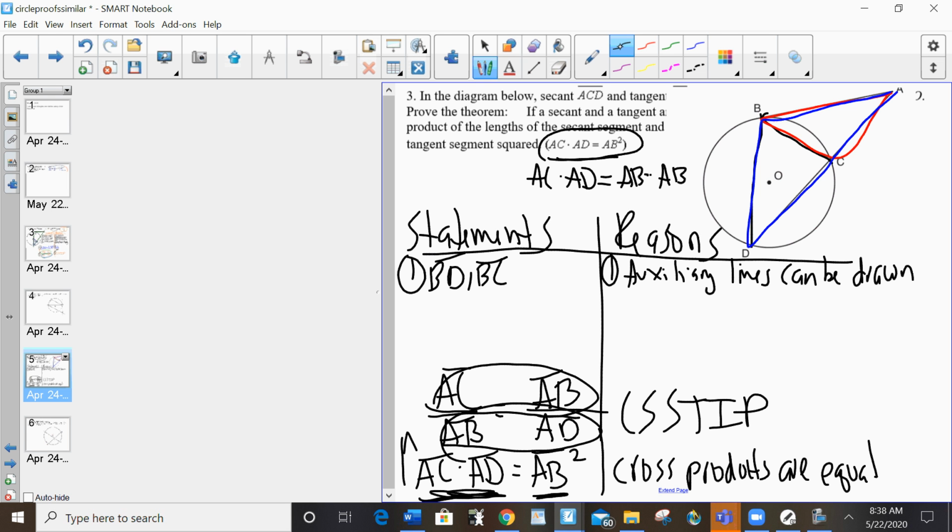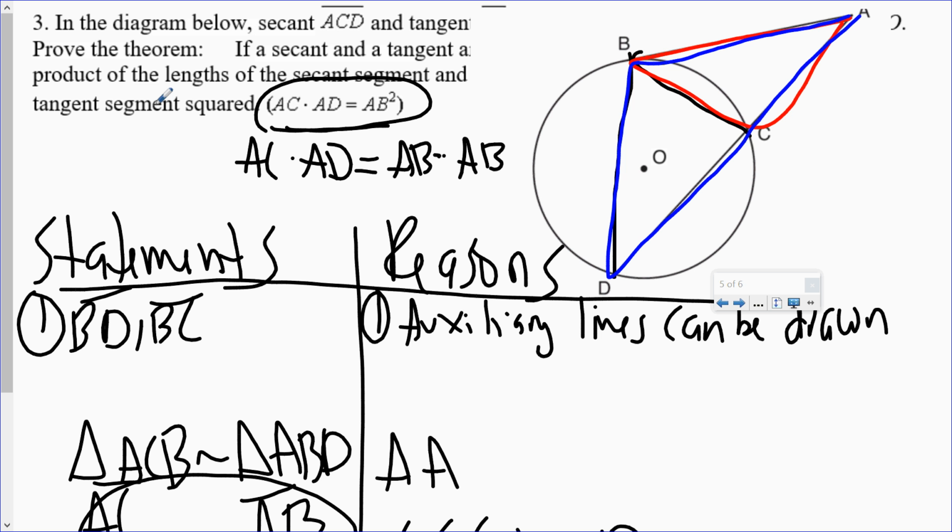So, triangle ACB is similar to triangle ADB. AA is always the reason for the triangles being similar. So let's see if I can do something with this here. I know we don't have a lot of space.